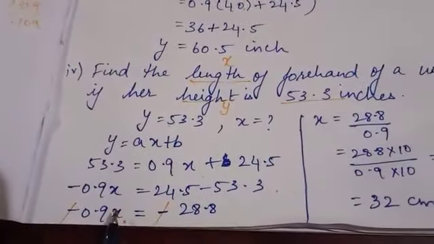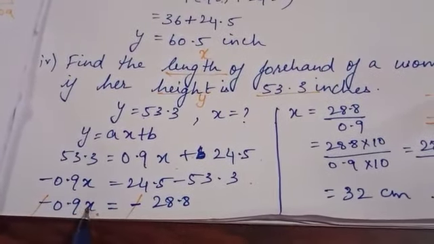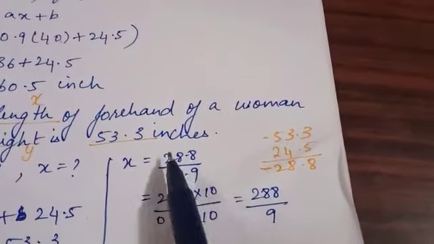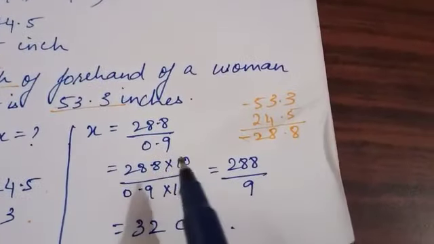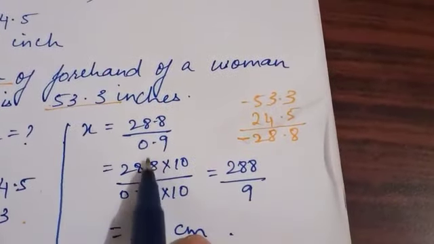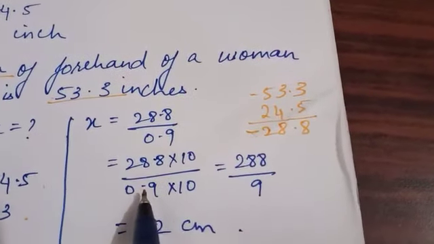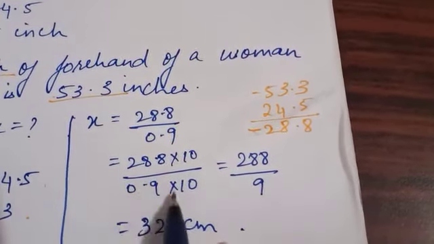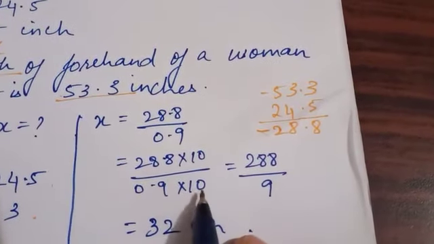And after that, I'm going to find the value of x, right? So I'm going to keep x here and I'm going to bring the 0.9 to the division. So before dividing, we have to remove the decimal point. Since I have one digit after the decimal point, I'm multiplying it by 10. Since here also I have one digit after the decimal point, I'm multiplying by 10 in the numerator as well as in the denominator.